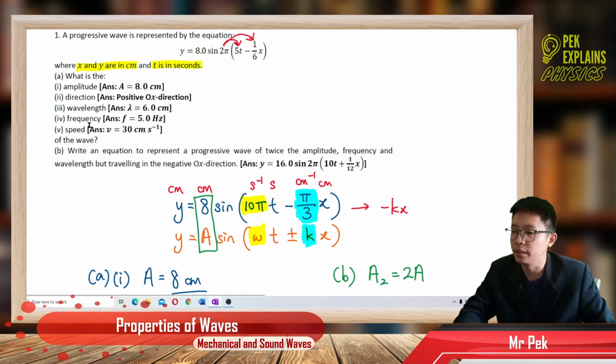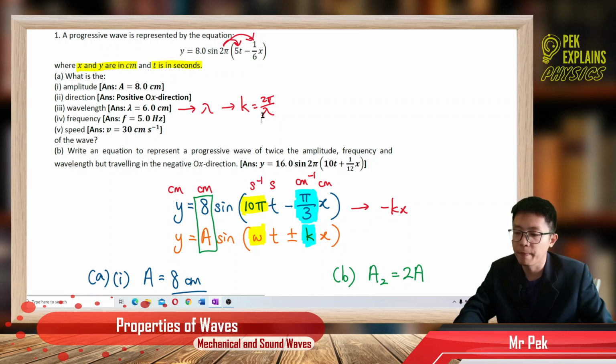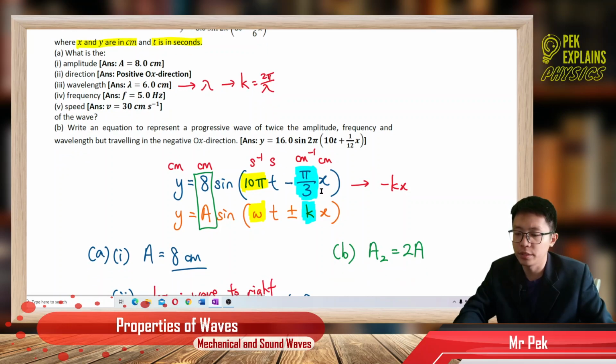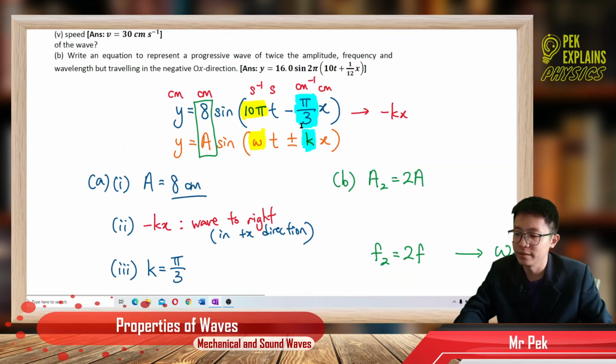Now, how about the wavelength? To get the wavelength, we get it from k, the wave number, which is 2π over λ. You get it from the wave number, which is in front of the x.